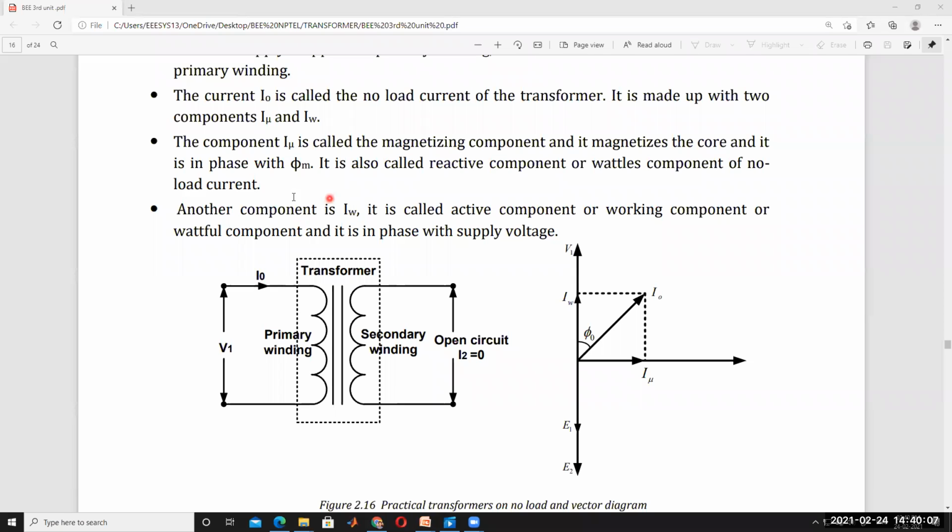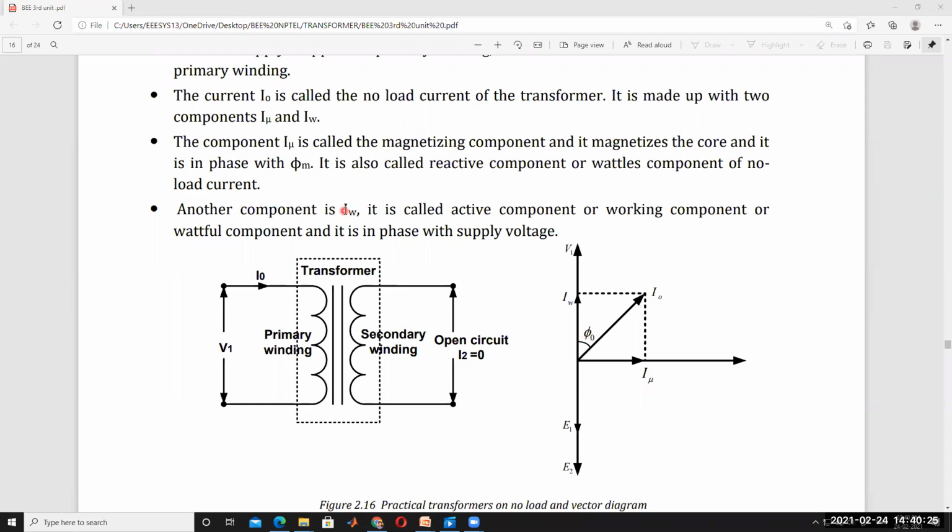Another component is called the wattful component. This wattful component is because of the winding resistance. Across a resistor, voltage and current are in phase, you know well. So because of winding resistance, the wattful component comes into the picture.